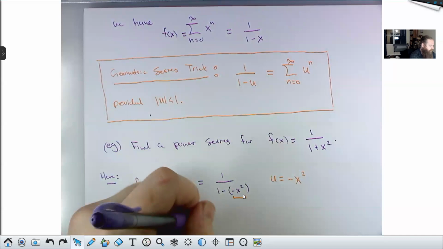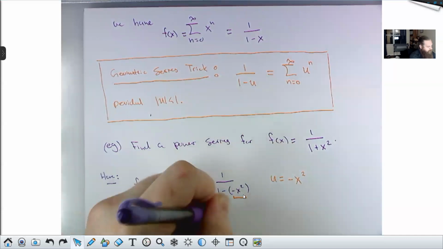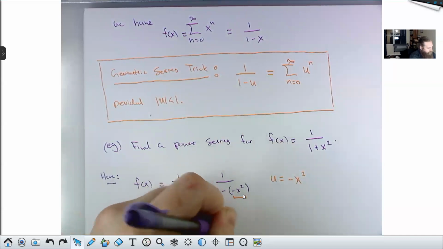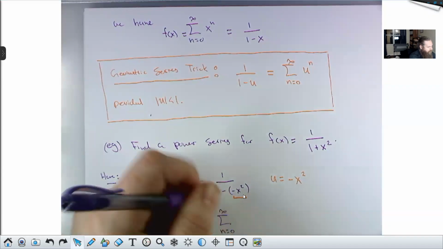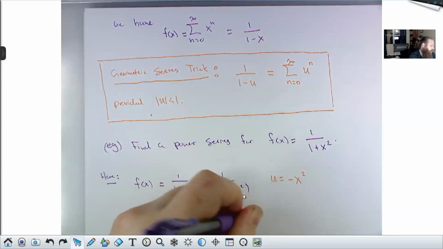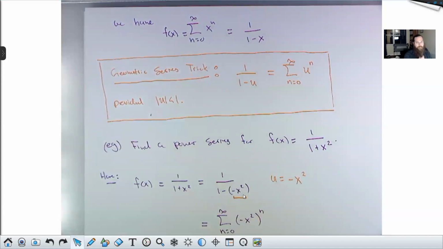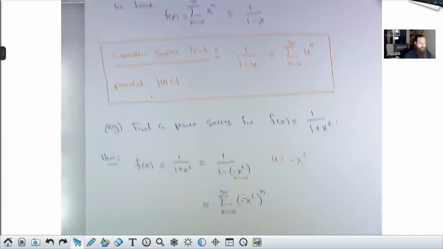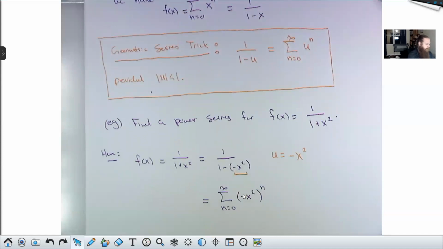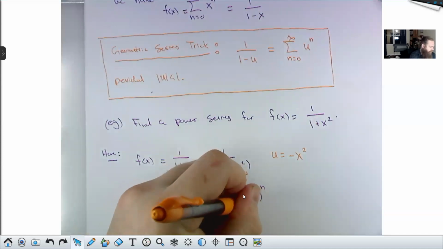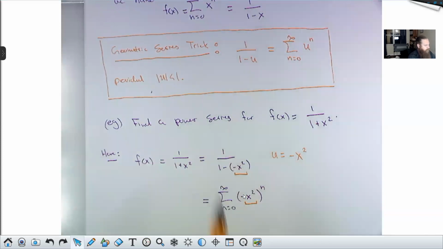So by the geometric series trick, this is equal to sigma n from 0 to infinity, negative x squared to the n. All right, you see what I'm doing? I'm just substituting into that formula. 1 over 1 minus blue is sigma blue to the n. That's the geometric series trick.